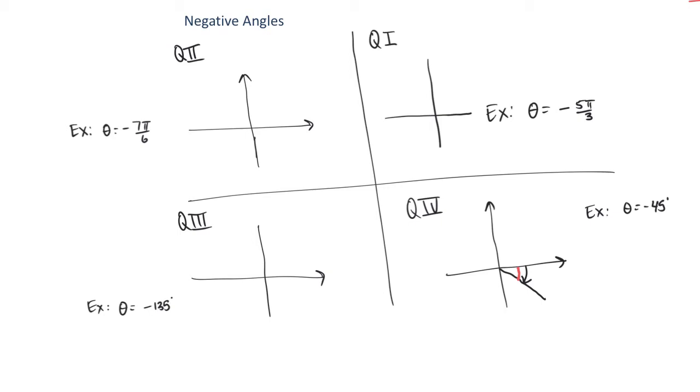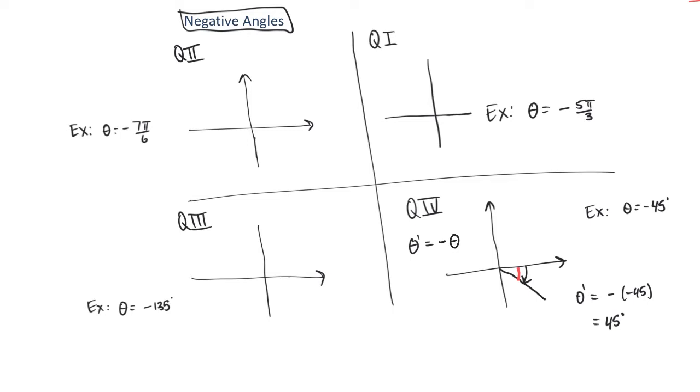So it's the shortest positive angle that gets us to the x-axis. So the general rule in quadrant 4 is that our reference angle with negative angles is just the opposite of the given angle.